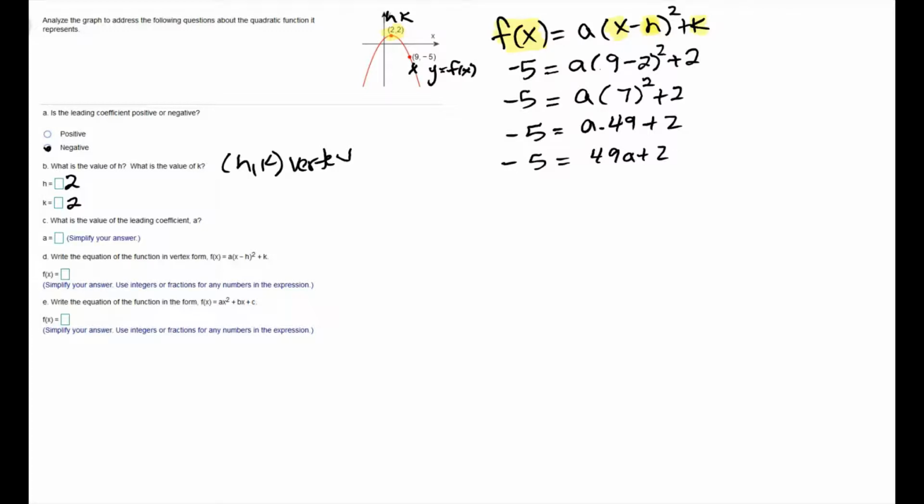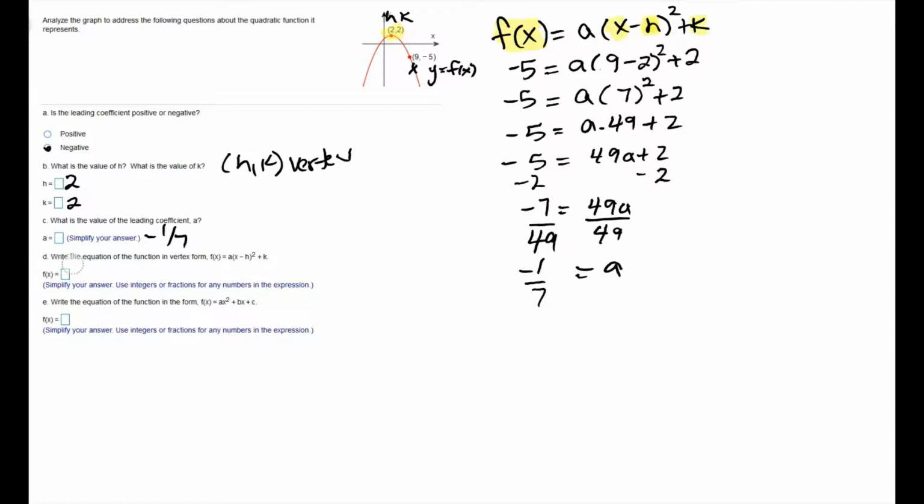We're going to solve for a, subtract 2 on both sides. That gives me negative 7 equals 49a. Divide both sides by 49. And we have a equals negative 1/7. So negative 1/7 is a.